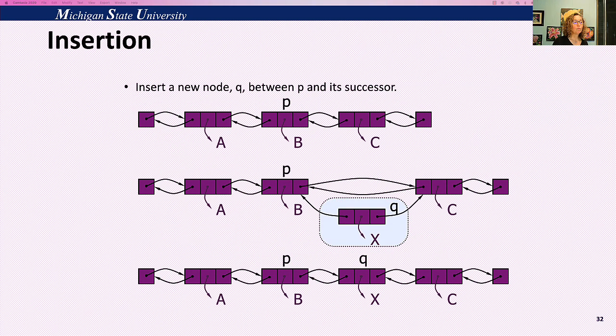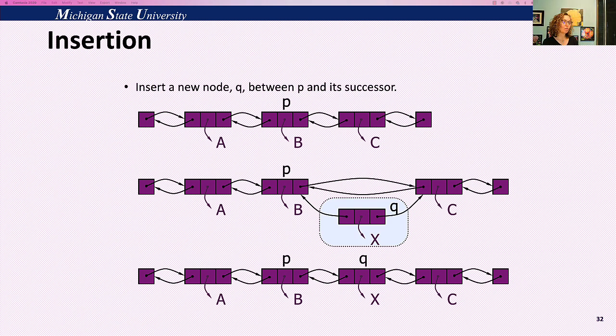So if you wish to insert an element in a doubly linked list, you have a little bit more work to do than a singly linked list, because not only are you taking care of the next, you're also taking care of the previous. So in this successor and predecessor relationship, right?